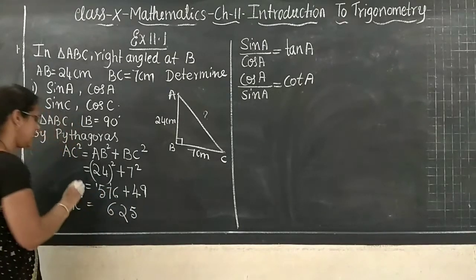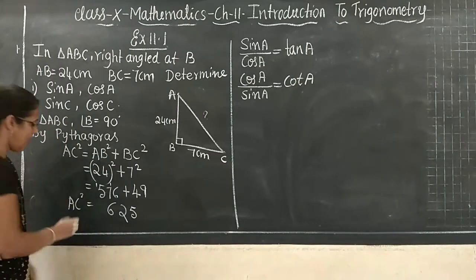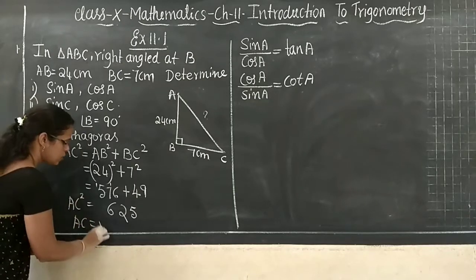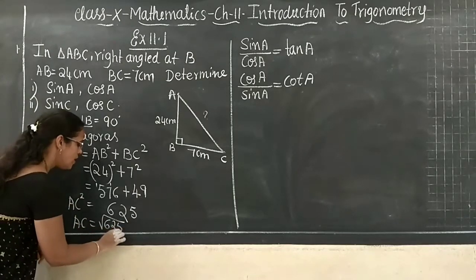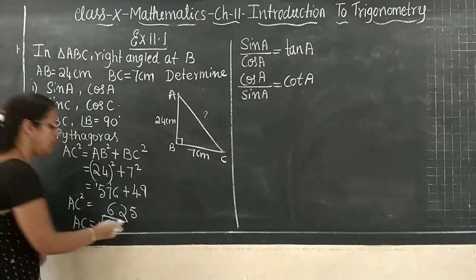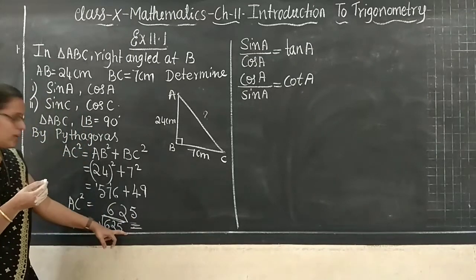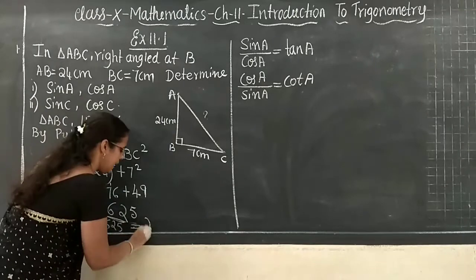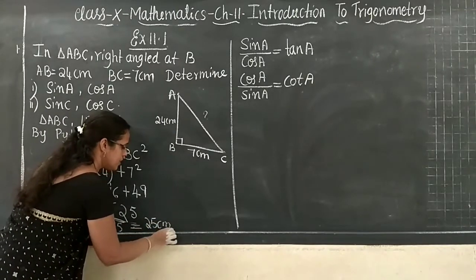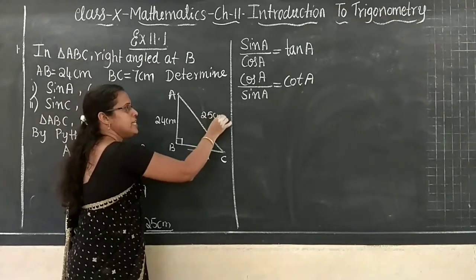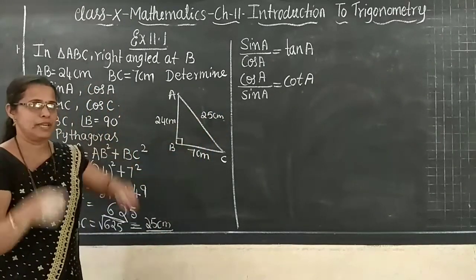AC square is equal to 625. What is AC then, children? Square goes, square root comes. What is the square root of 625? Everybody must learn the square roots. Square root of 625 is 25. So I got the third side as 25 centimeter.